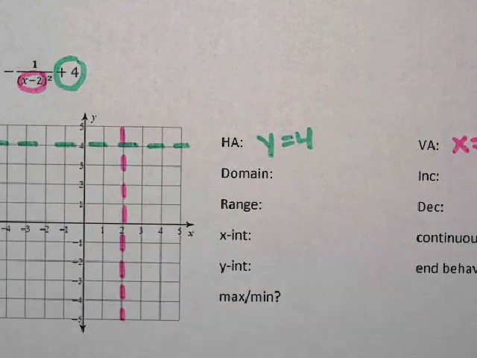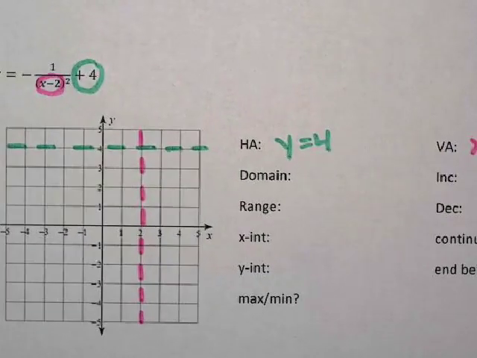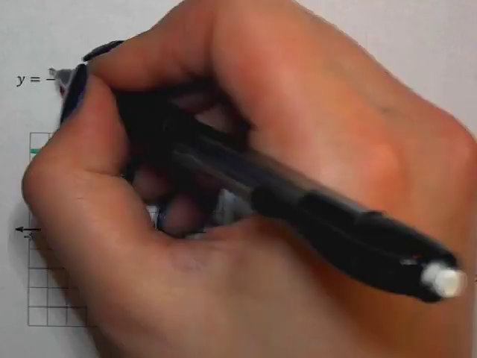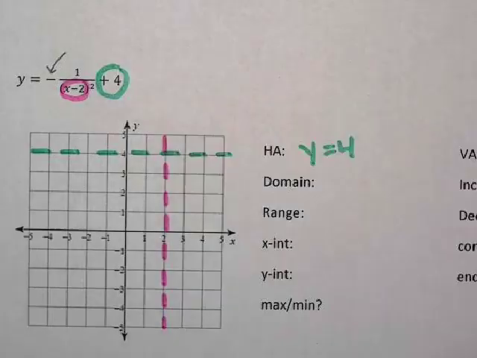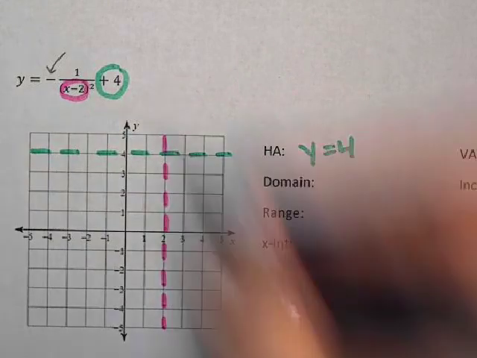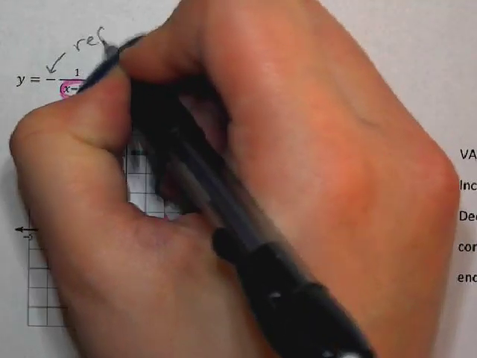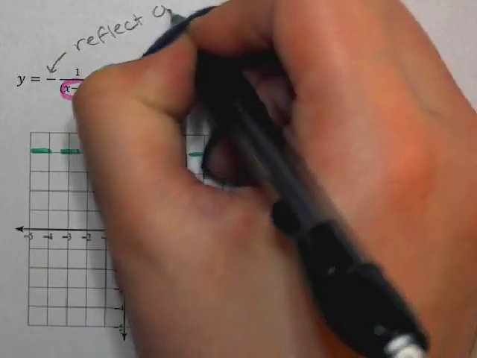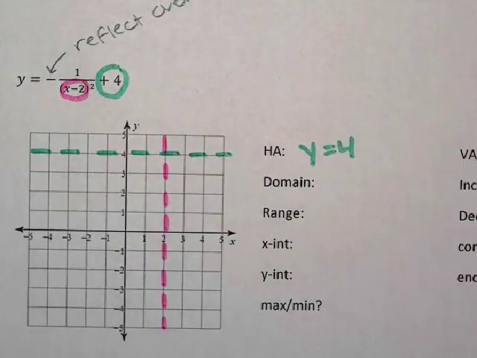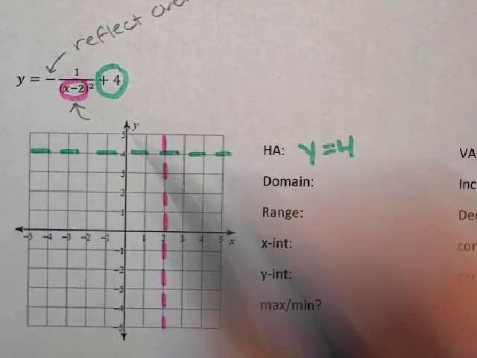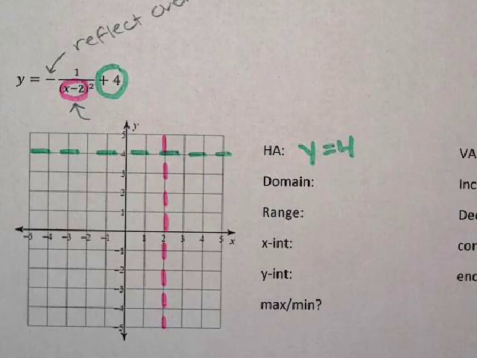Okay, so let's go ahead and write down what the transformations are. We have a negative in the front. Reflect over the x-axis. What about this part inside? Right 2.